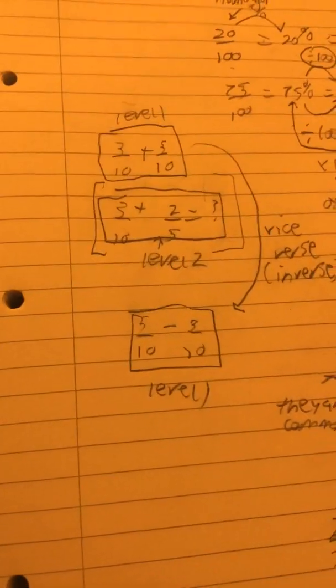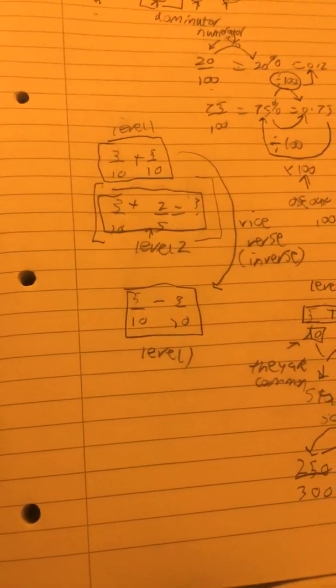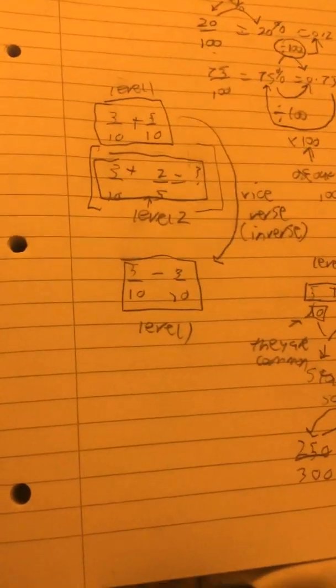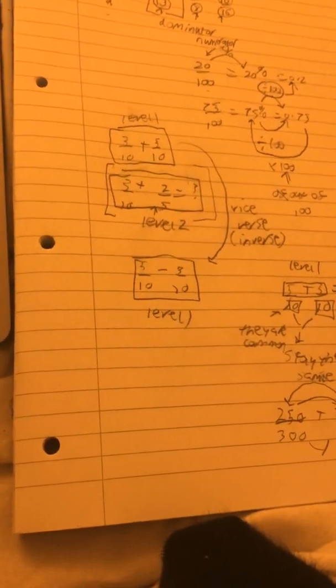You just do 3 plus 5, 3 plus 2, 5 take 3. The only reason I did 3 plus 2, yes, that's technically level 2, but that is just the main bit, really.